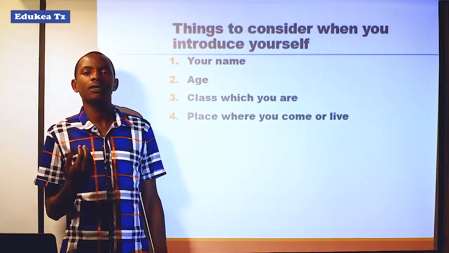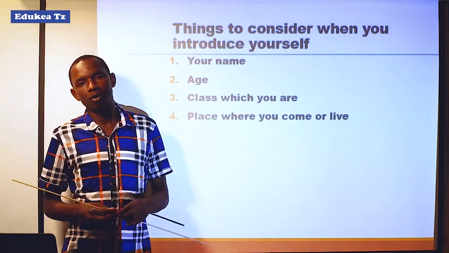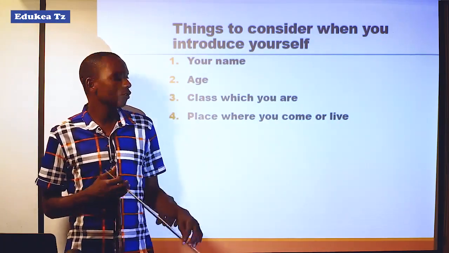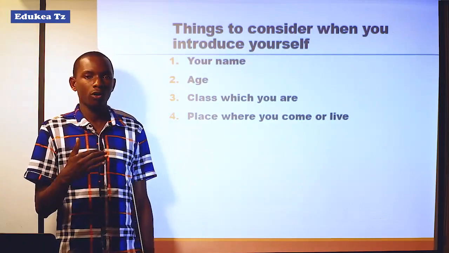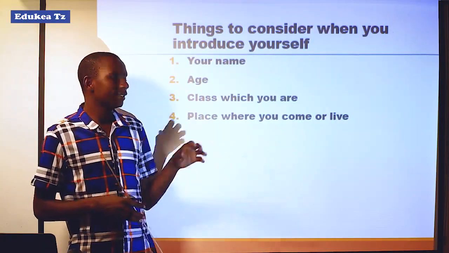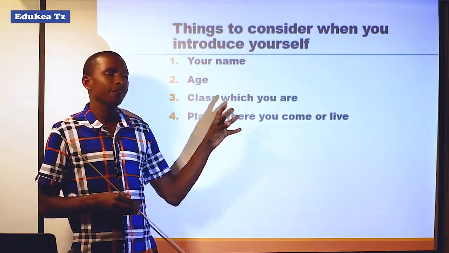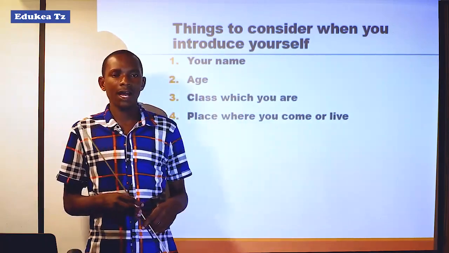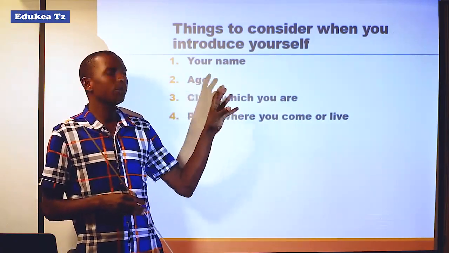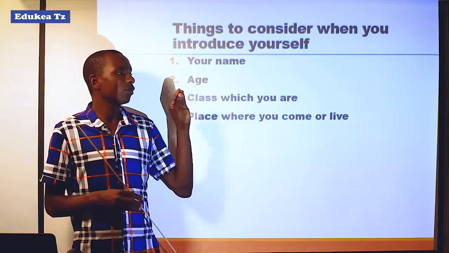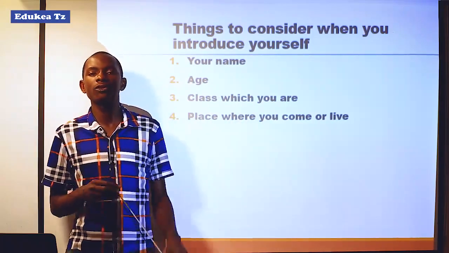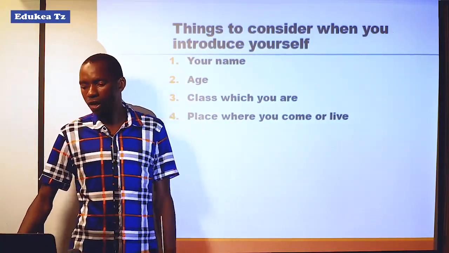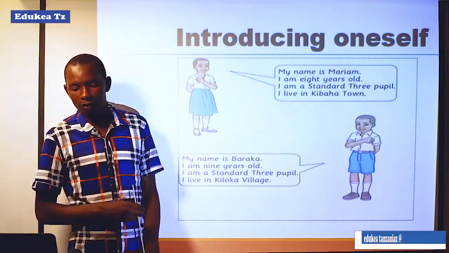You are supposed to tell us where you come from or where you live. We expect to listen to this information, as I have tried to pinpoint these key issues you are supposed to consider when you want to introduce yourself.